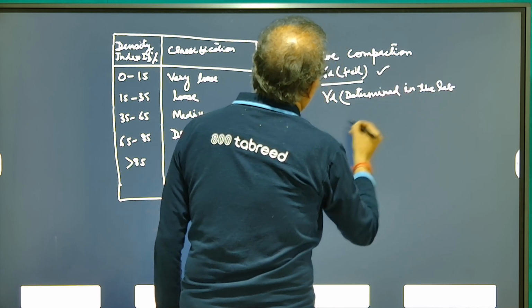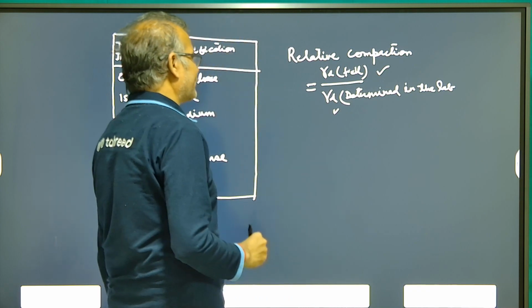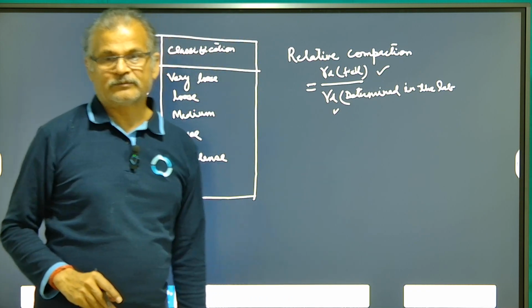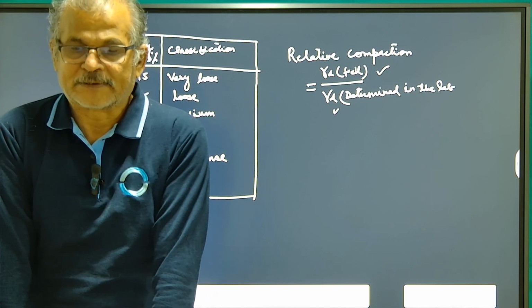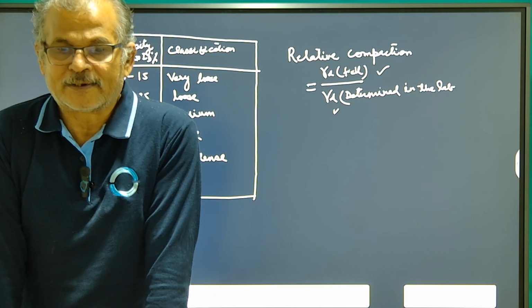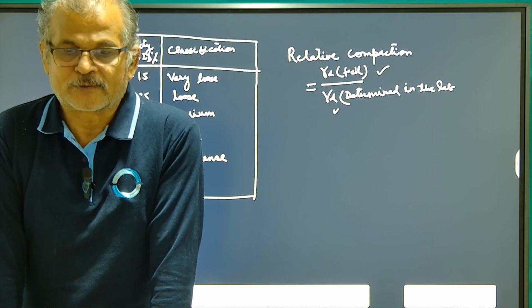This is achieved in the field and this is determined in the lab. So with this video, we learned today about the density index. It is a measure of looseness and denseness of soil with respect to the given soil.